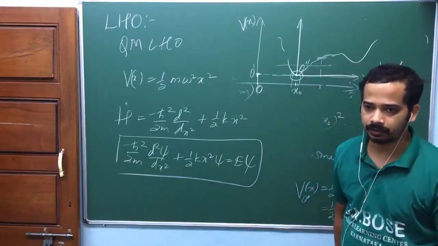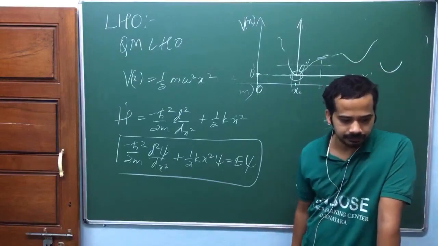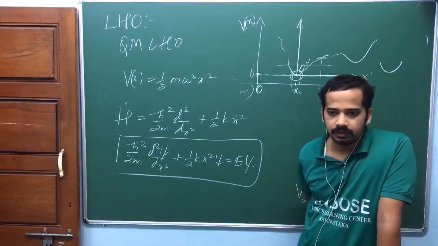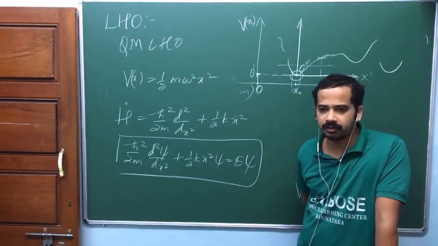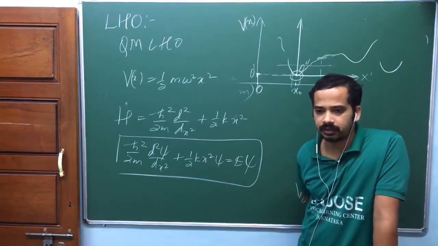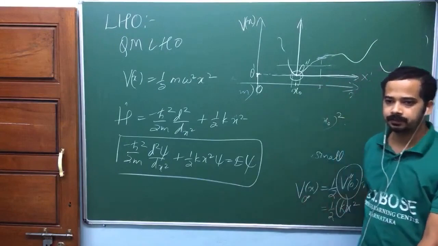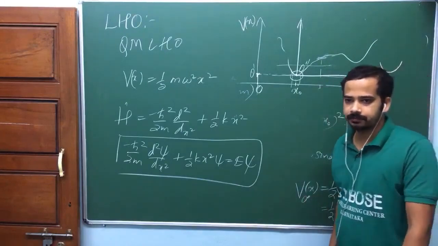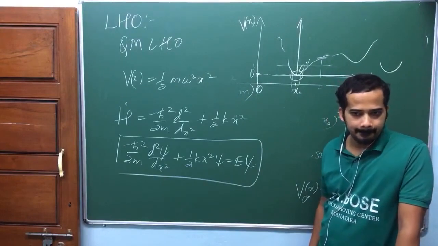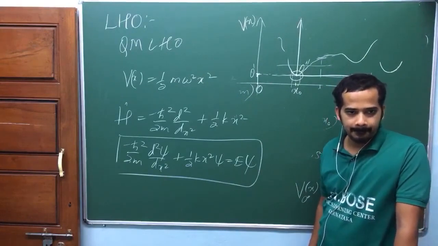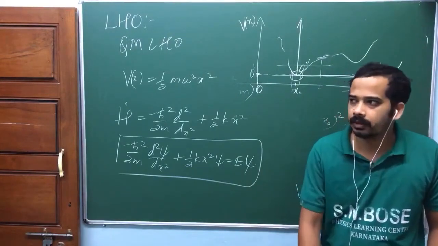Other name. Is that okay? Am I right, anyone? Taylor series about origin is called the Maclaurin series, not any different thing. Okay? Analytical part is Maclaurin.